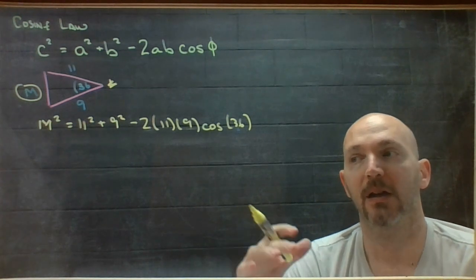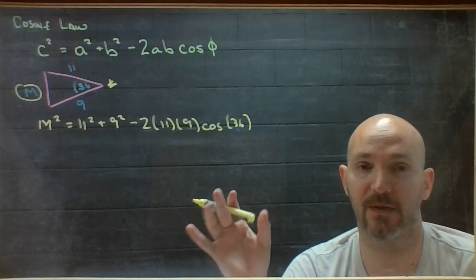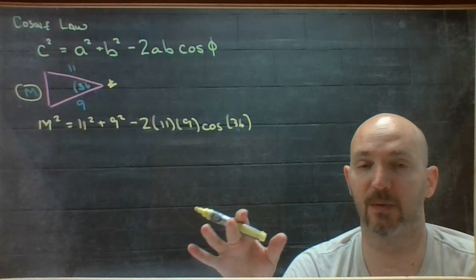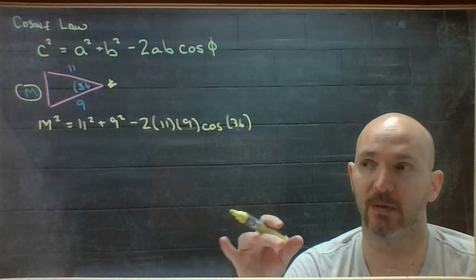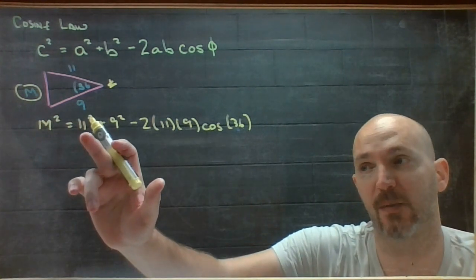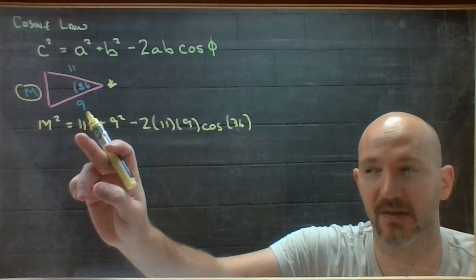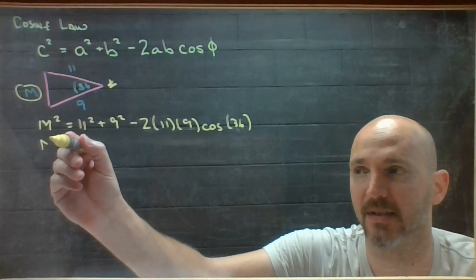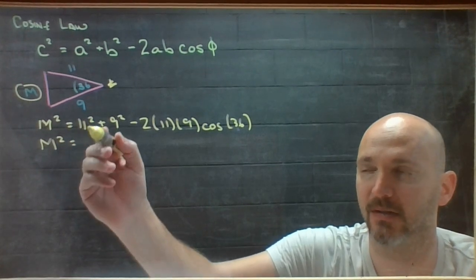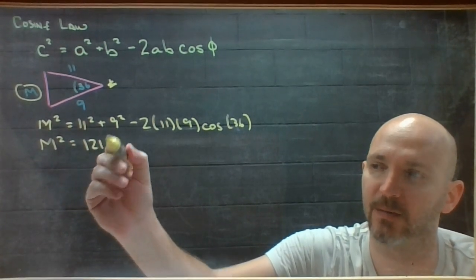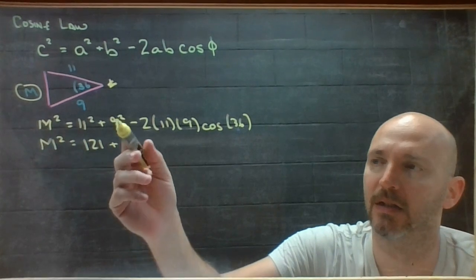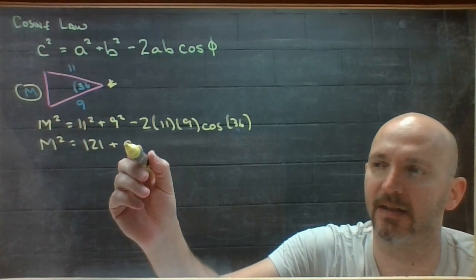Okay, so you've got a whole bunch of numbers there and a whole bunch of work to do with order of operations. So I see an 11 squared here with some adding. The square is going to take precedence over the adding, so I'll do it first. 11 times 11 is 121. 9 squared is 81.